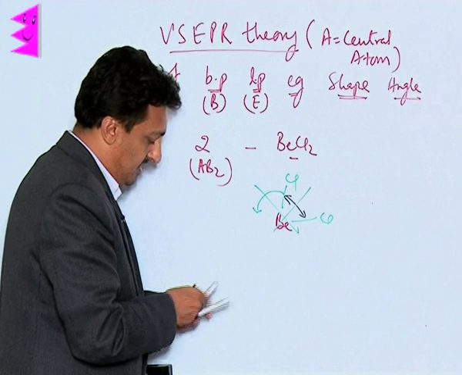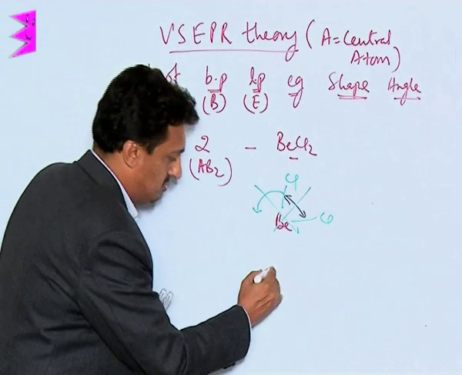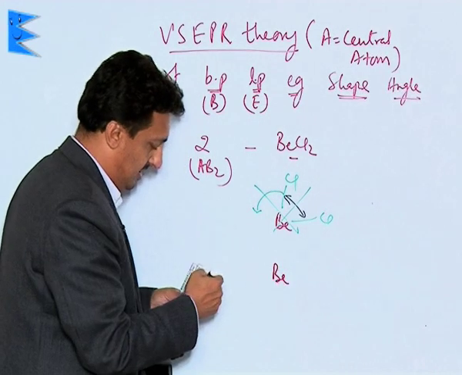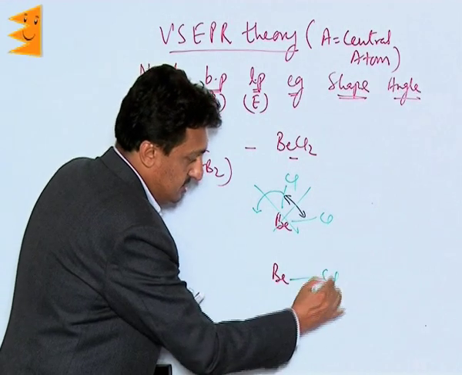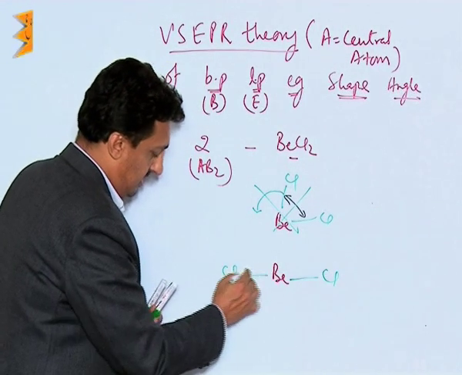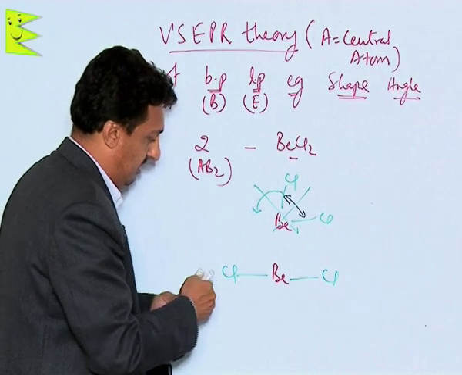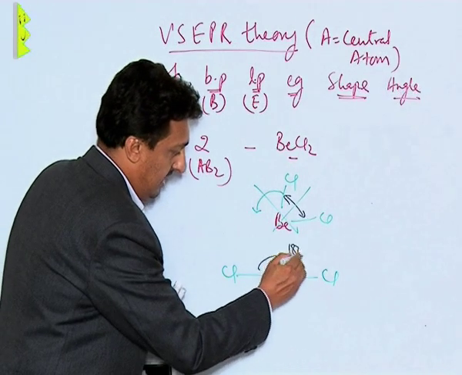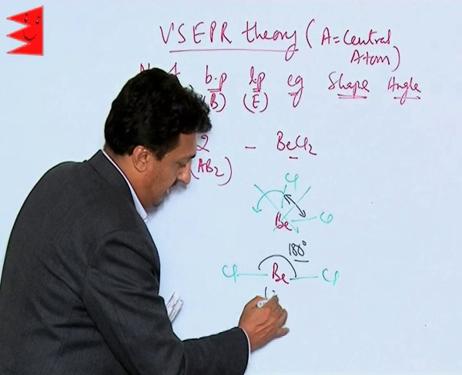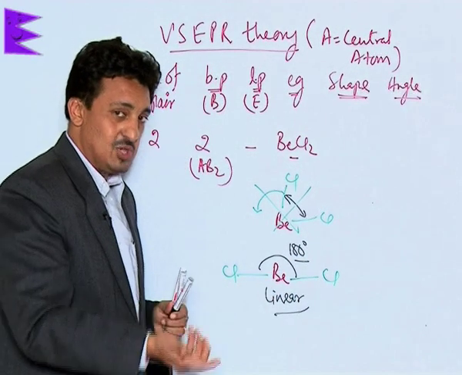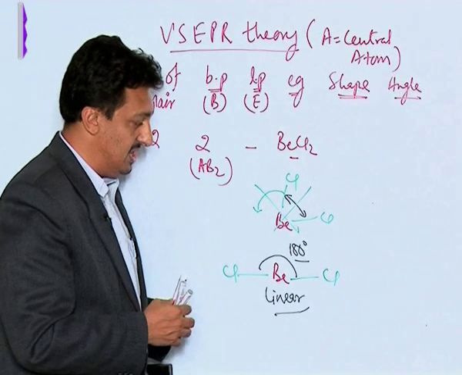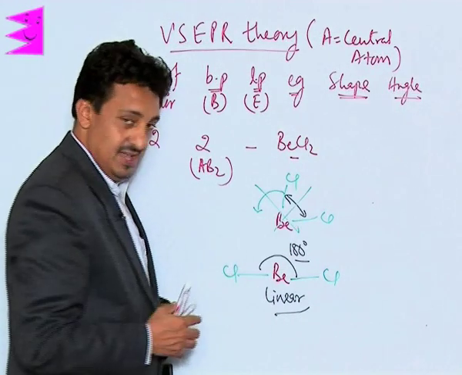What we get is the exact shape: beryllium here, and we can have chlorine, and this angle becomes 180 degrees, shape becomes linear. So geometry is also linear, shape is also linear, and the angle is 180 degrees.